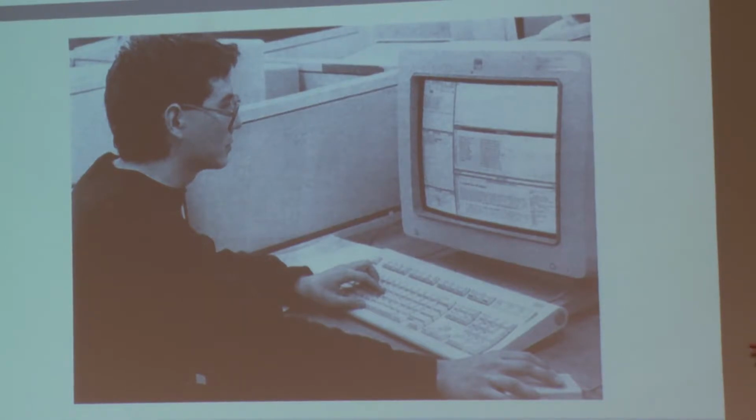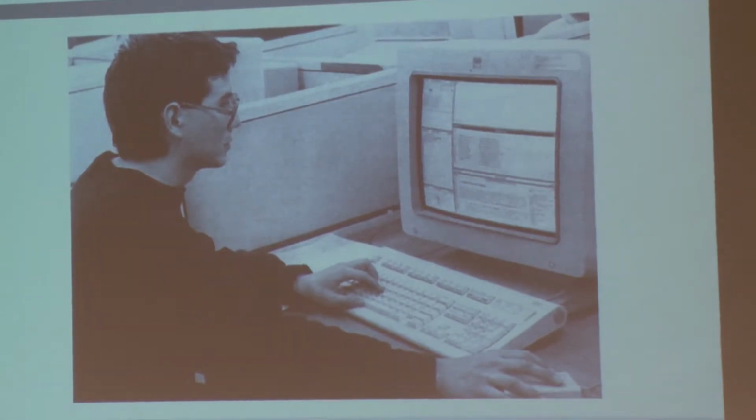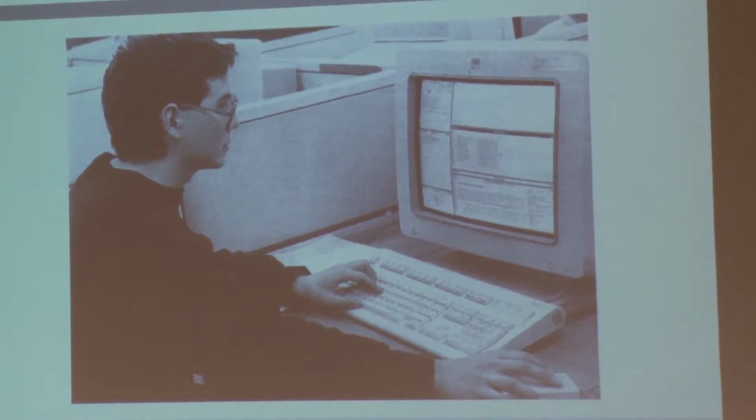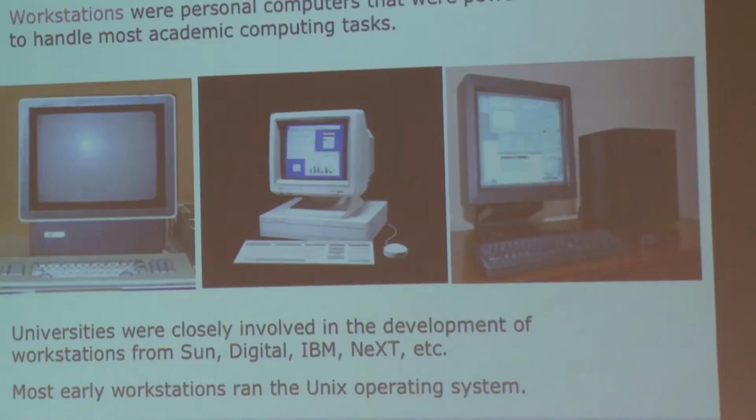It's actually an interesting computer because it's a special monitor developed by IBM specially for Carnegie Mellon and MIT. I don't think they ever released this monitor on the commercial marketplace. But the thing about this is that the computer that it's attached to, and it's actually under the desk, you can't see it in this picture, was what was called a workstation.